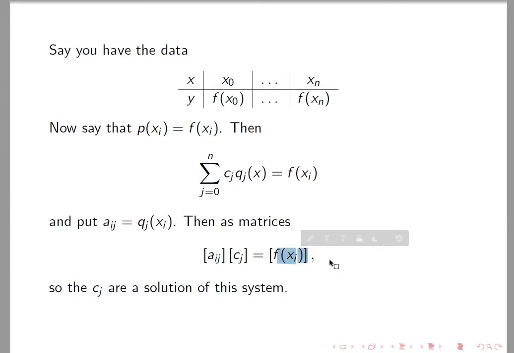So again, it's a matrix equation, a system of linear equations. So the cj we're looking for is the solution to this matrix equation.